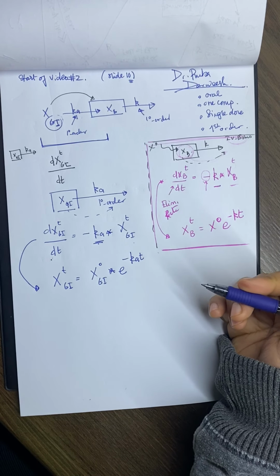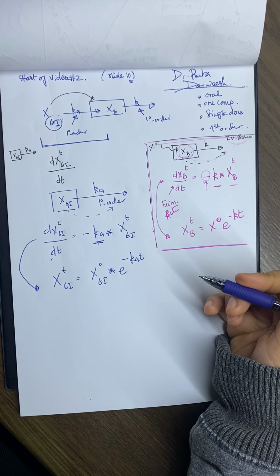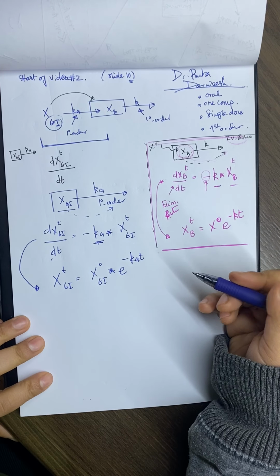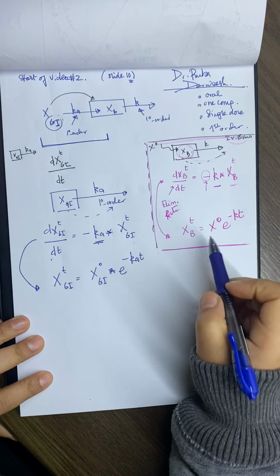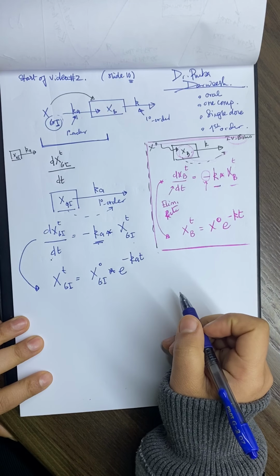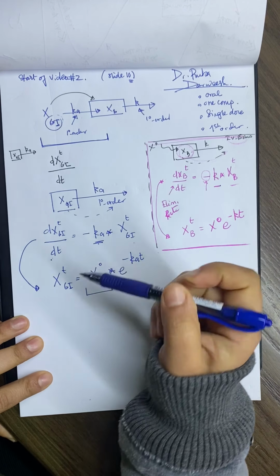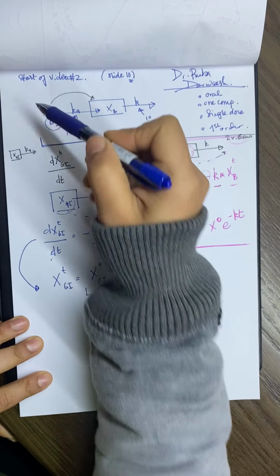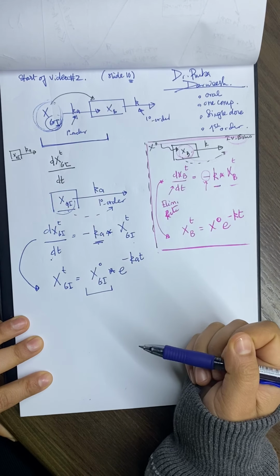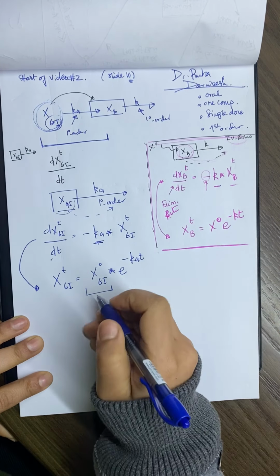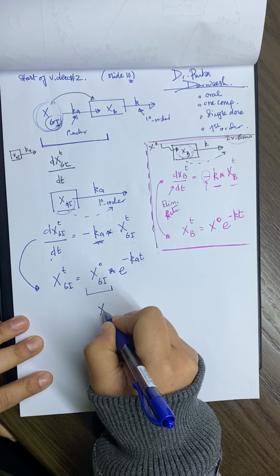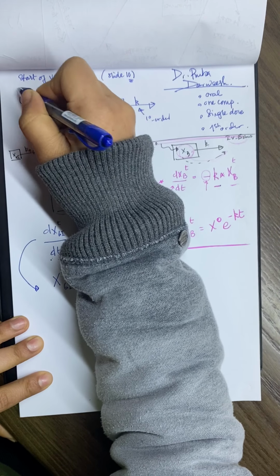Again, you can review the integration rules that we talked about before, but you can just know it by concept. If you know this, this will be the same. This is the initial amount that we have here. The initial amount here won't be equal to x naught.